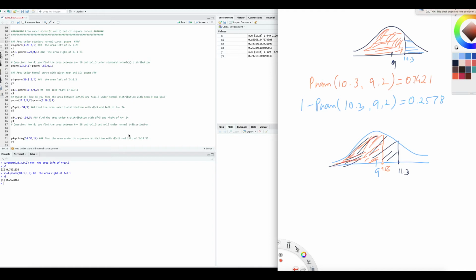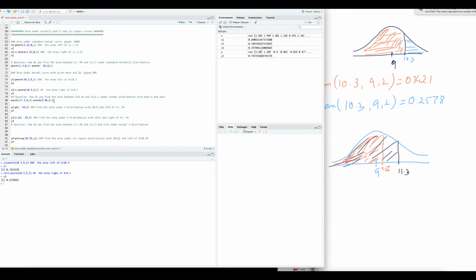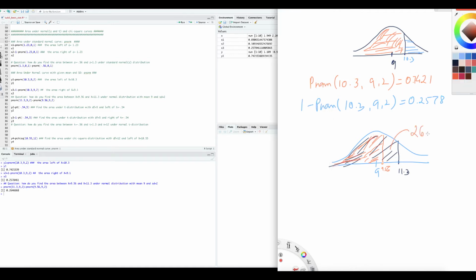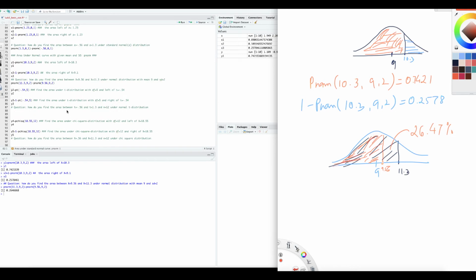So this is what you do, and the standard deviation is 2 here, okay. So this is what you get, 26.47%. So this area will be 26.47%. So this is how you can find out the area between two x values under the normal curve, okay.